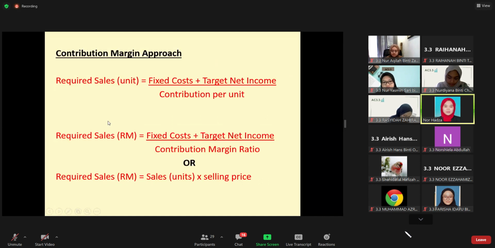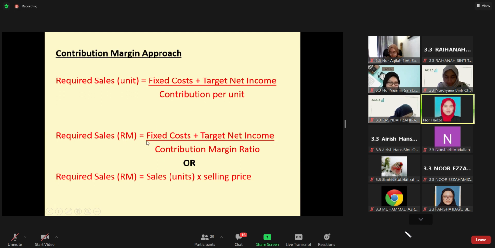But if you are using the contribution margin approach, this is the formula for the required sales in units. If you want to find out the required sales for a given target profit, it is fixed cost plus the target net income, divided by the contribution margin per unit.